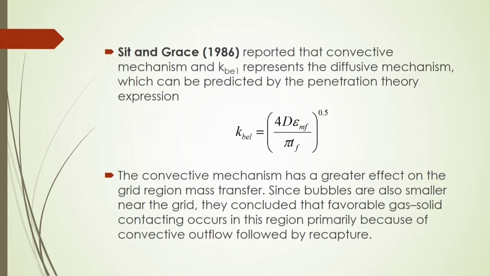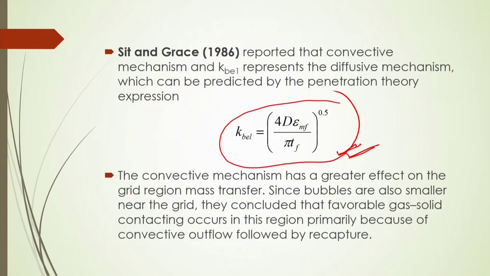According to Sit and Grace, there is a convective mechanism, and KBE represents the diffusive mechanism, which can be predicted by the penetration theory expression given by this equation. From this KBEL, which is called the convective transport mass transfer coefficient inside the bed, the convective mechanism has a greater effect on the mass transfer in the grid region.